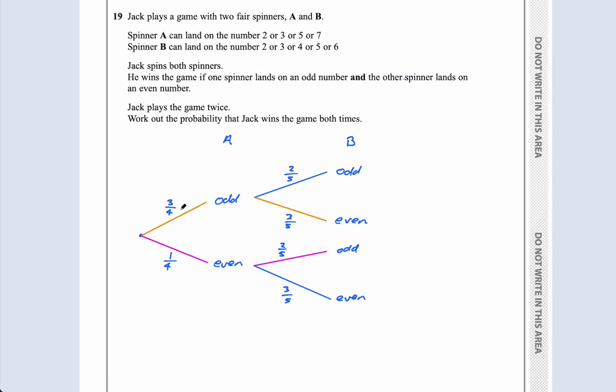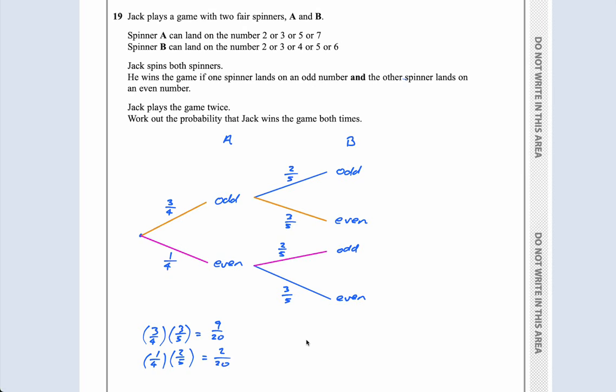Okay, now how do I do these? Well, I just multiply. 3/4 times 3/5 is equal to 9/20, and then 1/4 times 2/5 is equal to 2/20.